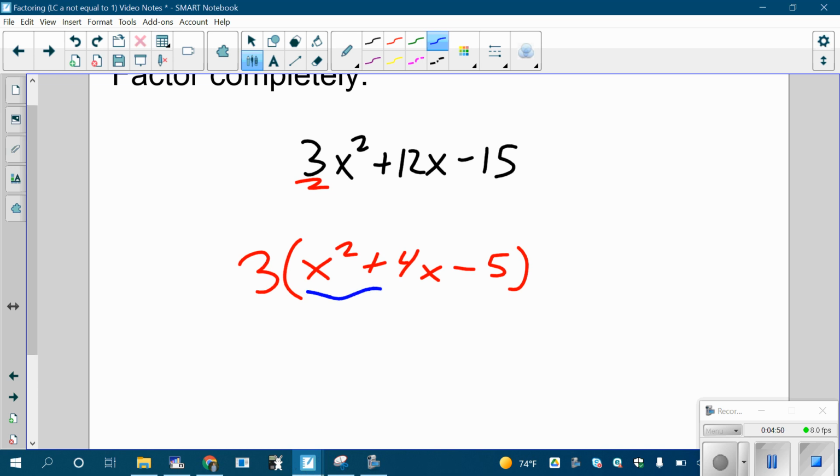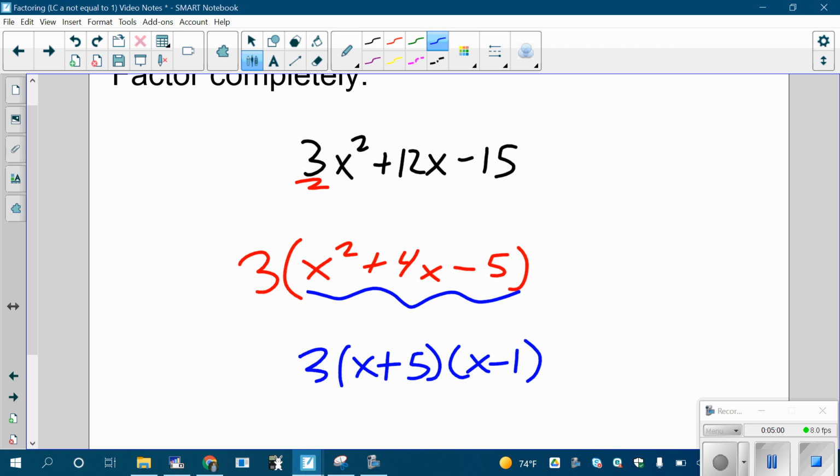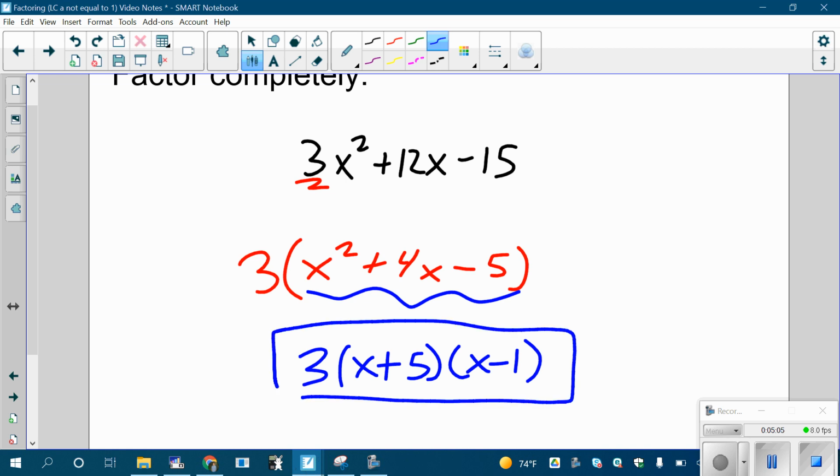Because now, what multiplies to negative 5 and adds to 4? 5 and negative 1. Boom. I'm done. Okay? So remember, whenever you're factoring, the very first step is look for a greatest common factor. It can make your life a lot easier.